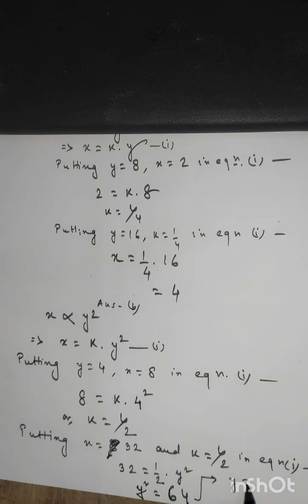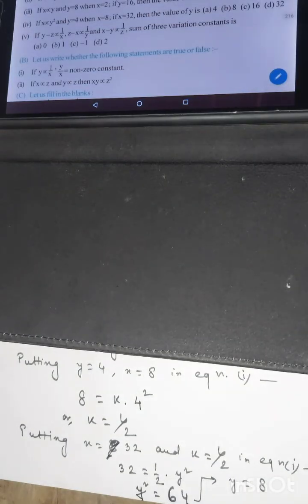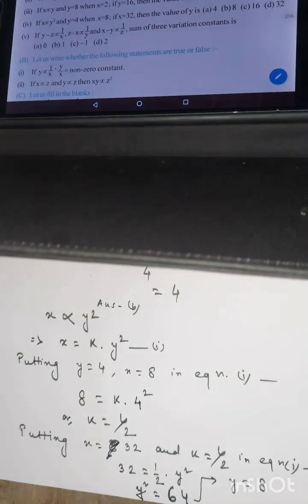Therefore y square is 64, so y equal to 8. So our answer is 8. Option B is our correct answer.